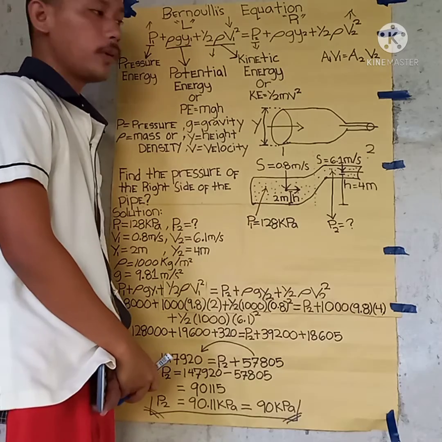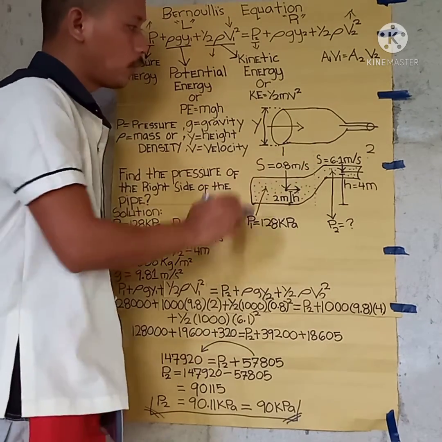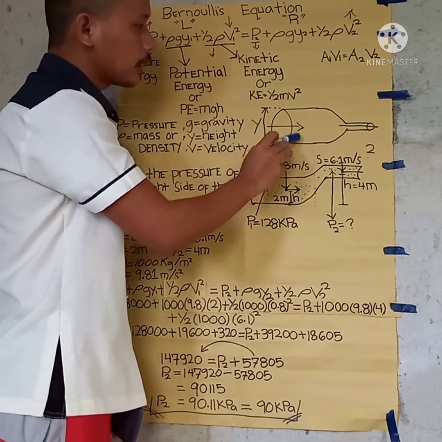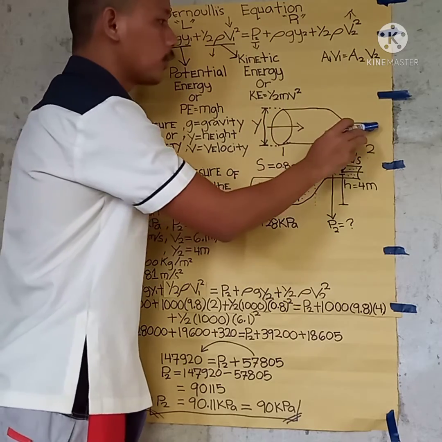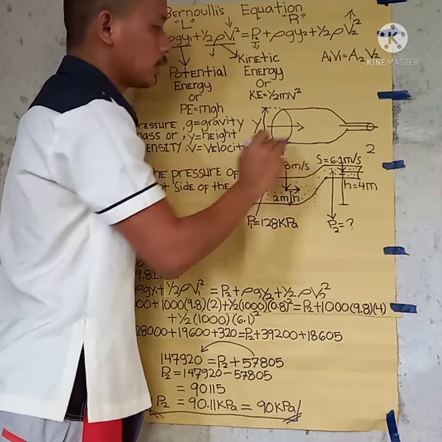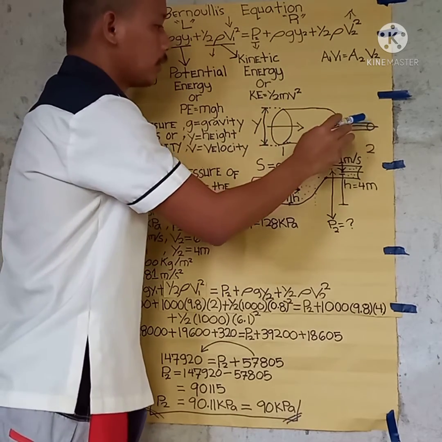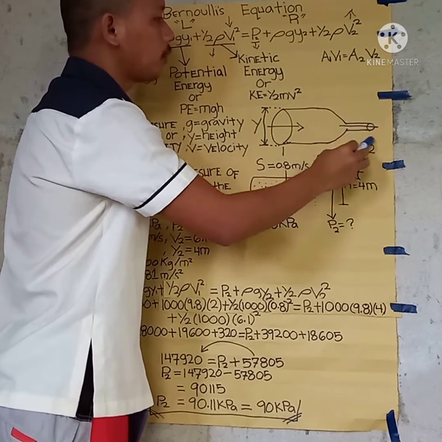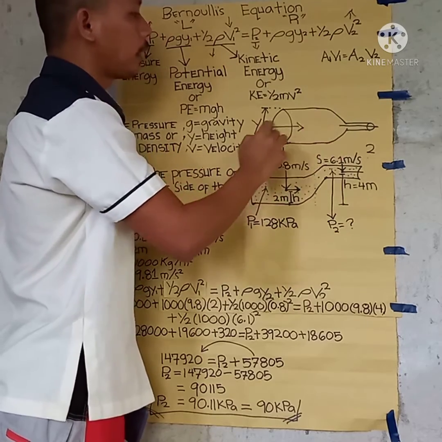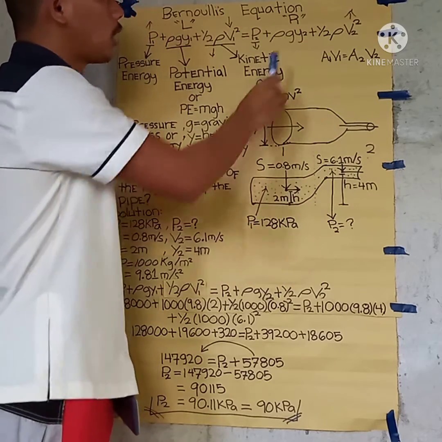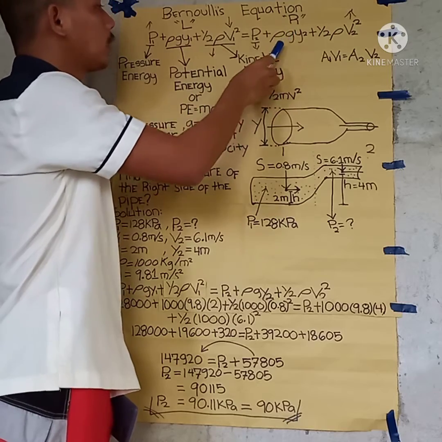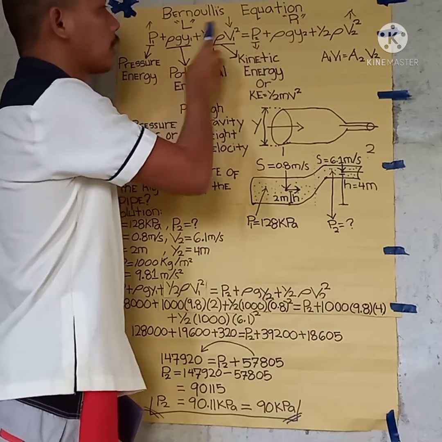So kay conservation of energy ni sa at these 2 points, so the energy of the left side of the pipe is equal to the right side of the pipe. So ang height naman sa left side of the pipe is the same sa height sa right side of the pipe. So kay pareho sila, ako itangtang sa equation ang height, which is ang potential energy.